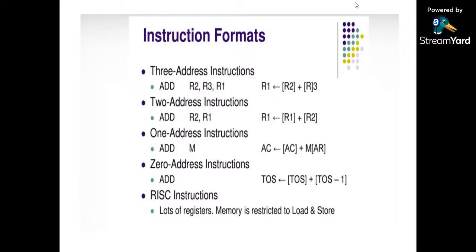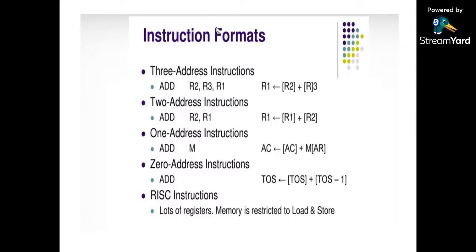As you can see in the example, one variable is m. We are fetching the value of m, and the value of the other variable we are fetching from the accumulator. One very important thing I forgot to mention is that these instructions also specify the source and destination.